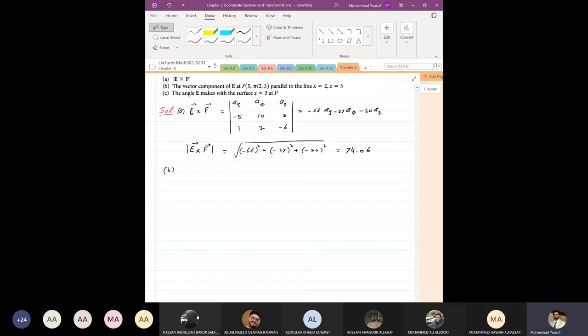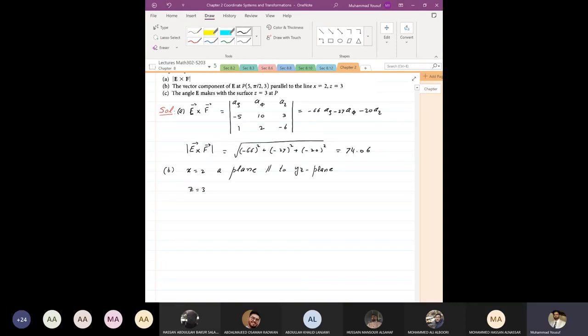Now x equal to 2 and z equal to 3. Actually, what are these two? These two are two planes. One plane, x equal to 2, a plane parallel to the yz plane, and the other one is z equal to 3.